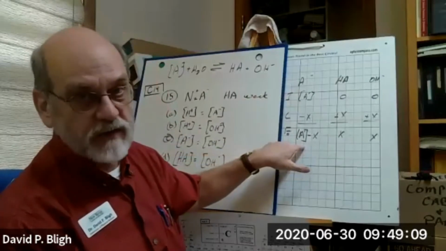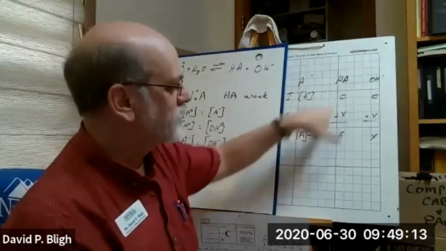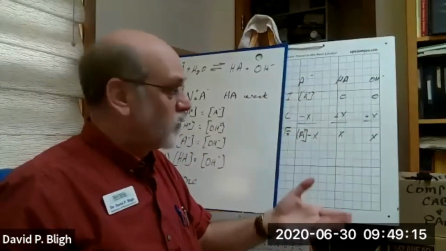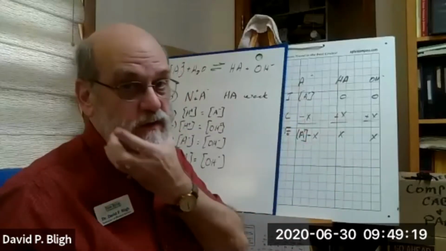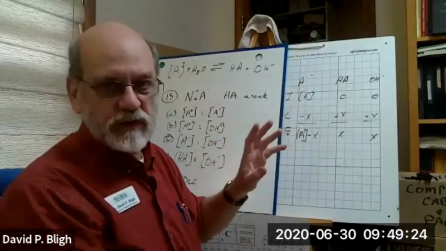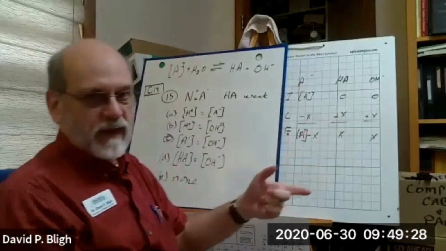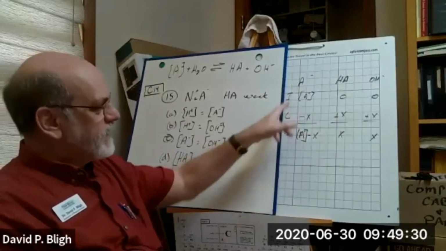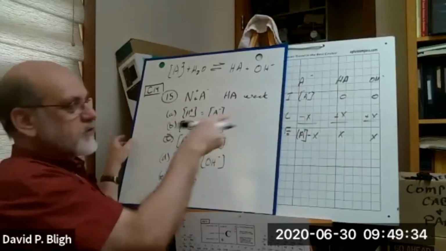No, because all of it didn't dissociate. I mean, all of it didn't react with water to produce the weak acid. Plus, once we produce that weak acid, it's going to dissociate further. This is our stoichiometry, and then we do the equilibrium, and it's going to come back. So we can't say that this one is equal to that one, not based on those calculations.